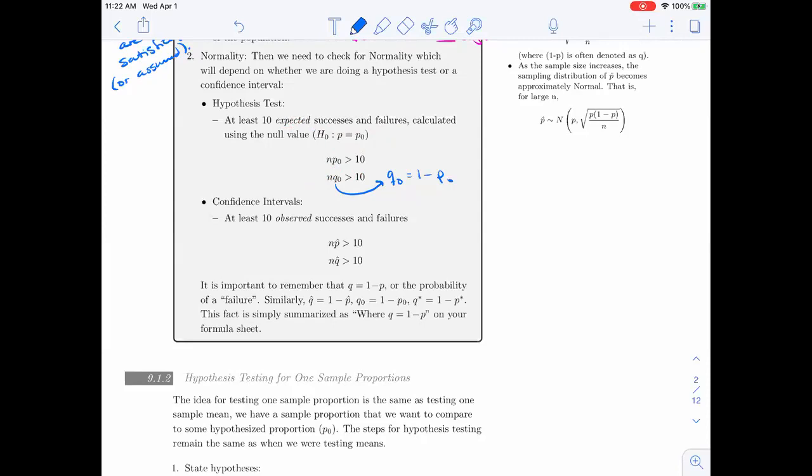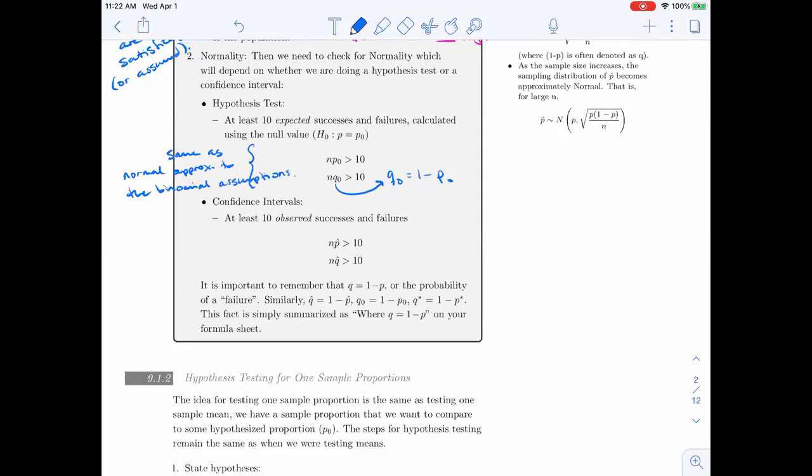So this is the same as the normal approximation to the binomial assumptions.